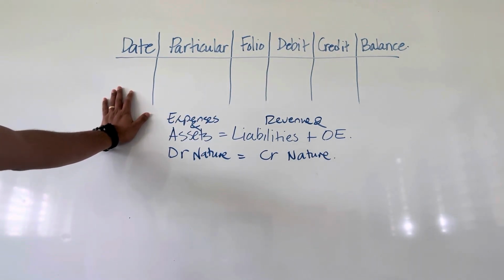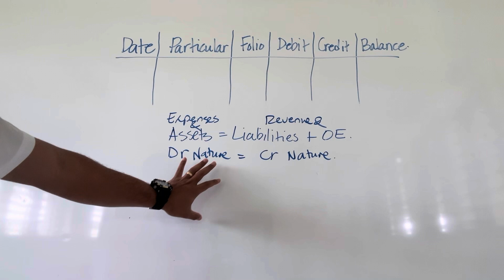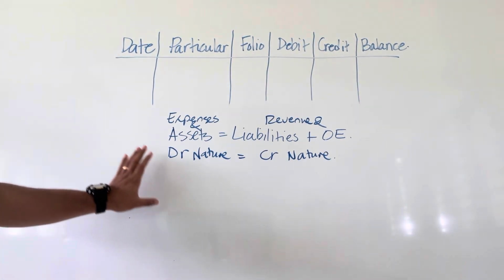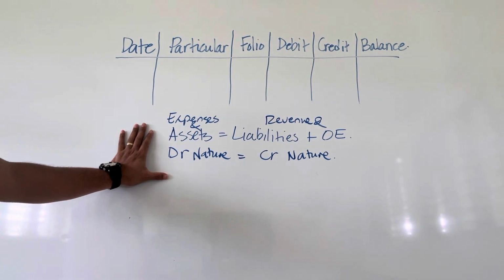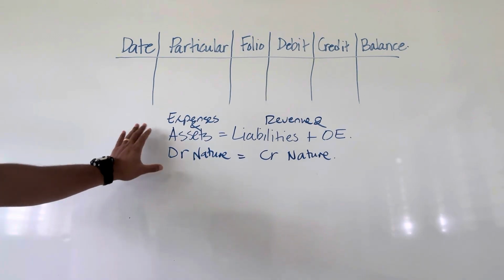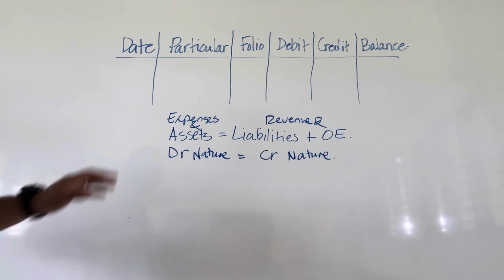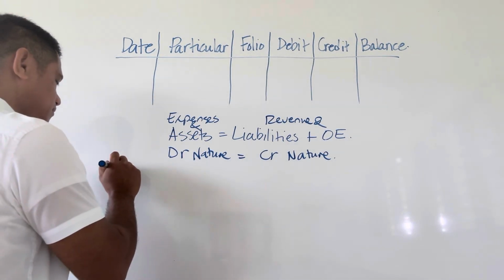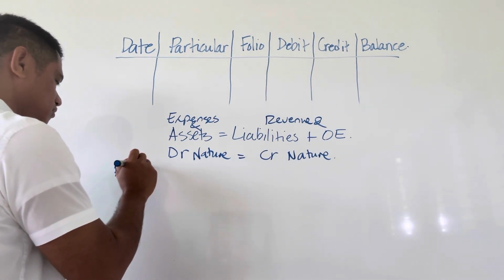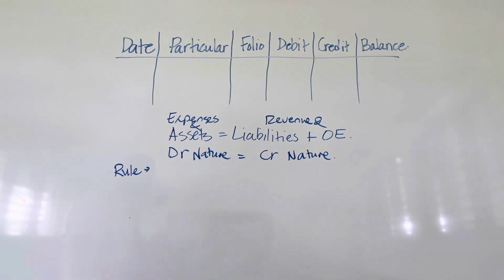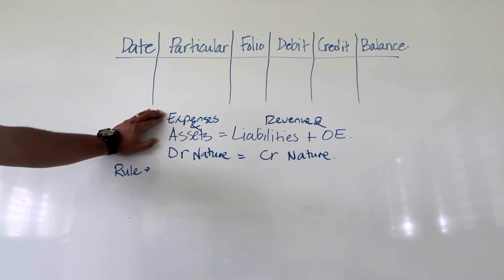Now let's look at the rule for the effect of a transaction on each account. Assets and expenses are debit entries.